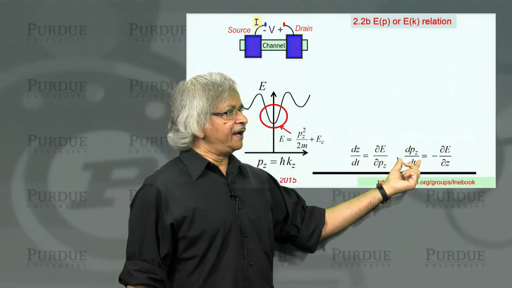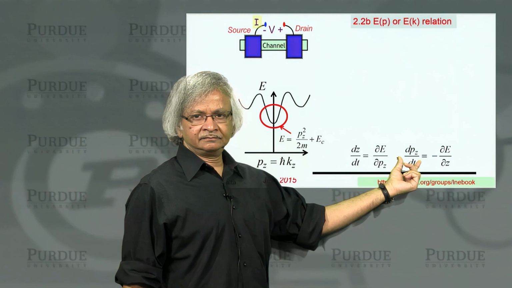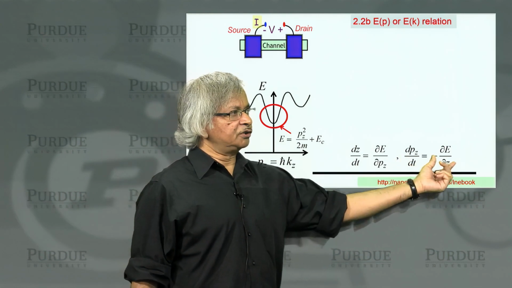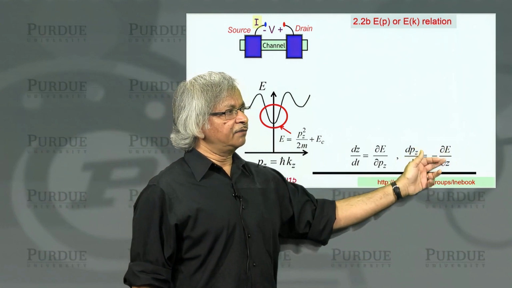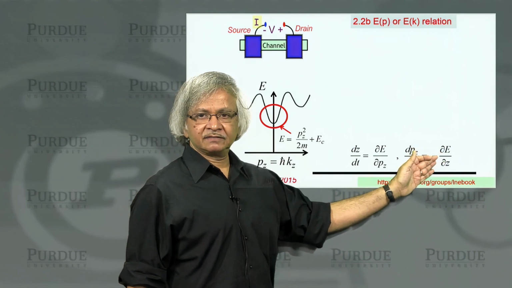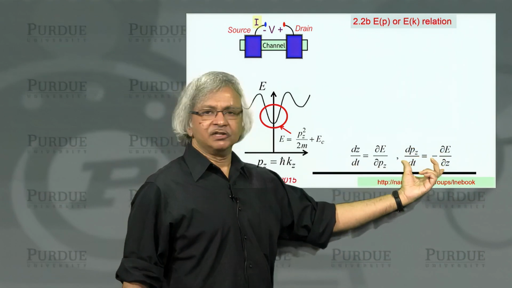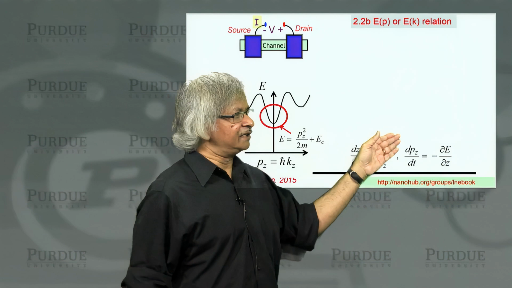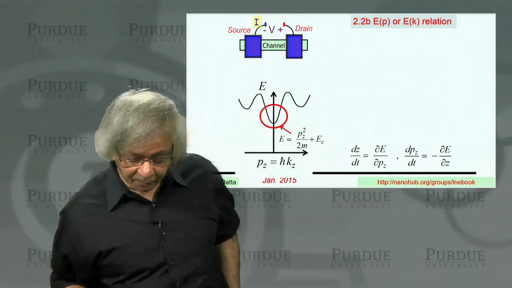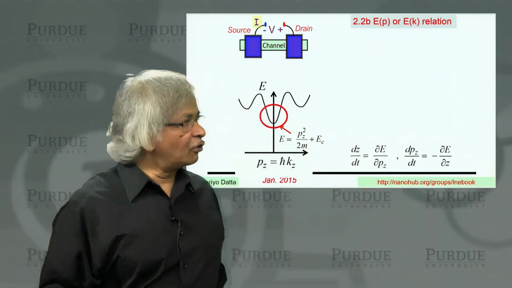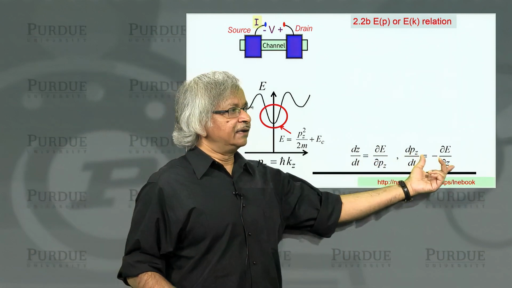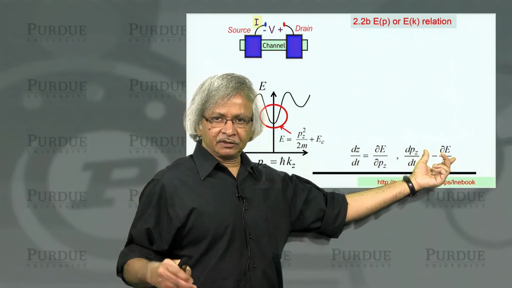That is, the rate of change of momentum is proportional to this derivative of energy with respect to distance. That is just Newton's law. You know, Newton's law says that dp/dt, rate of change of momentum, is the force. And force can be written as the gradient of energy, the potential energy.